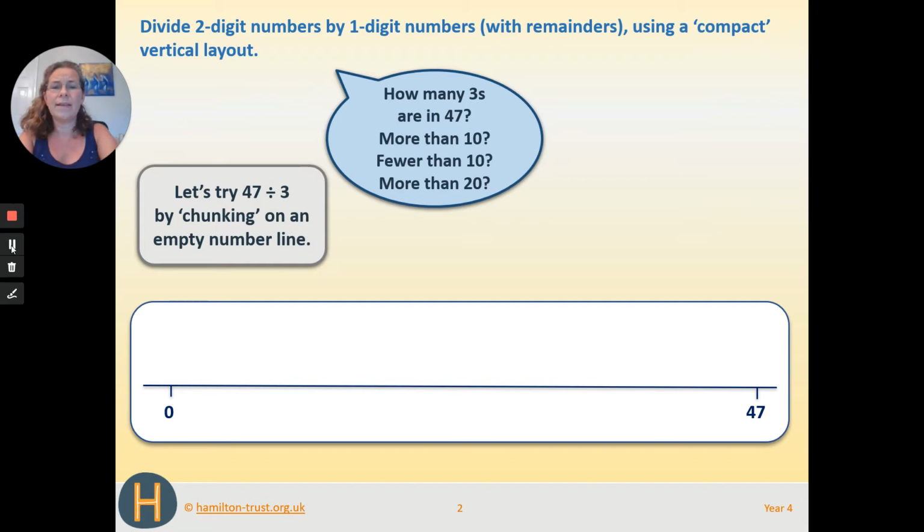Our number line is ready, so we'll make an estimate before we make our first jump. Ten times 3 is 30, so it's more than 10. 20 times 3 is 60, so it's not quite as big as that. So let's do the first jump of 10 times 3 is 30.